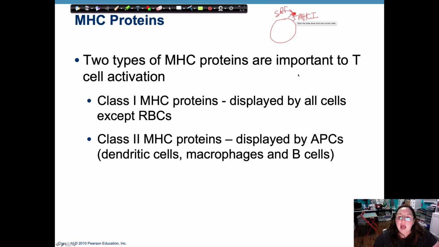Now, there's only a couple cells in the body that are going to display what we call MHC2 proteins. These would be any of your antigen-presenting cells. So your dendritic cells, your macrophages, and your B cells can all have MHC class 2 proteins. So they're still going to have the MHC1 proteins on them with the self-antigen.